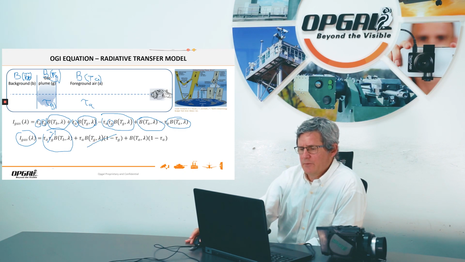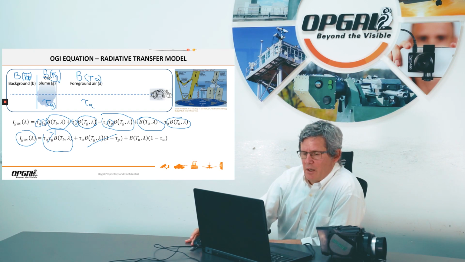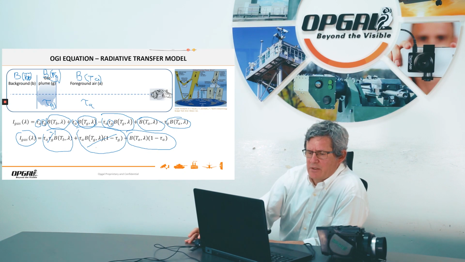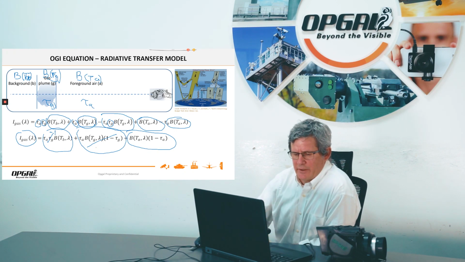It's gone, and we are left with this term. Because there is no gas, we have no gas layer. So this is the term of the gas plume, this is the term of the background, and this is the term of the foreground air. We divided this into these three areas.